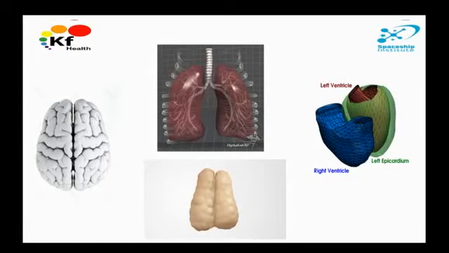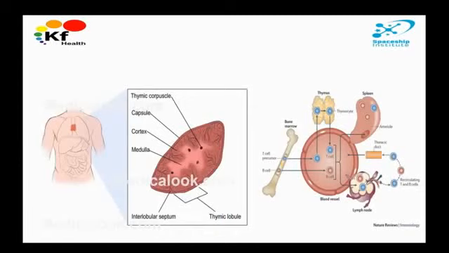Okay, the next slide is to show you the structure inside of the thymus. It is so equal to the structure of a lymph node because actually its main function is to organize the immunity, the defense system of your body. The defense system of your body is your immune system.